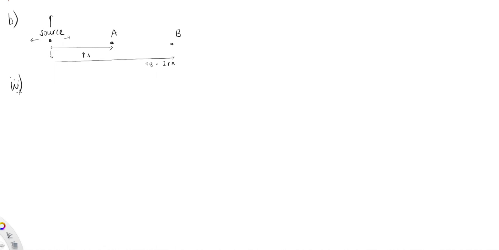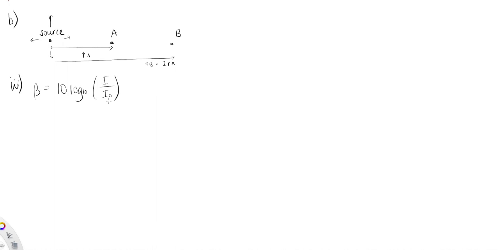For 3i, it wants us to calculate what the relationship between the decibel levels at points A and B are. So again, let's look towards our formula sheet to work out what formulas we have for decibel levels. Decibel is the symbol beta, and it's given by 10 log base 10 of intensity divided by our reference intensity, which is 1 times 10 to the minus 12 watts per square meter.